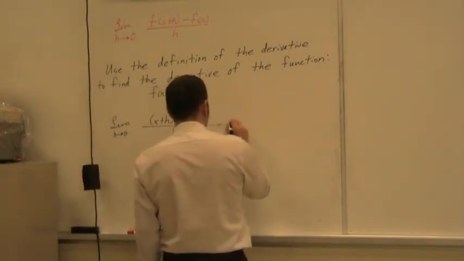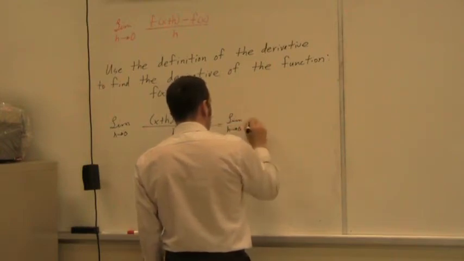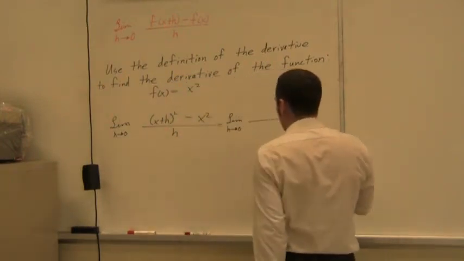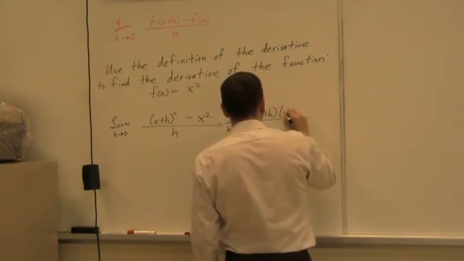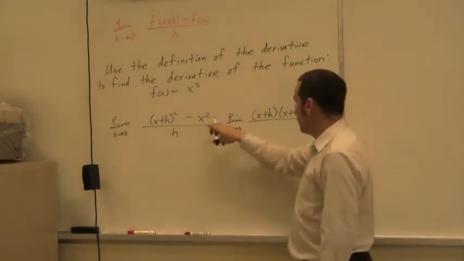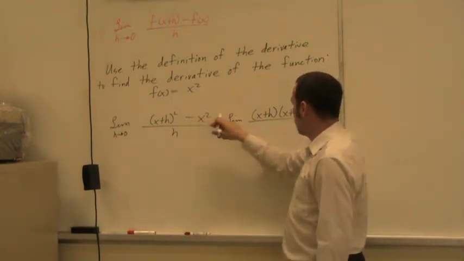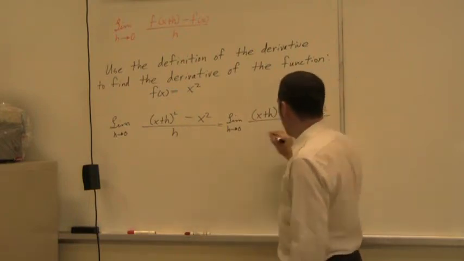So then the limit as h goes to 0. x plus h squared is x plus h onto x plus h. Squared means to multiply by itself twice, and then minus my x squared, divided by h still.